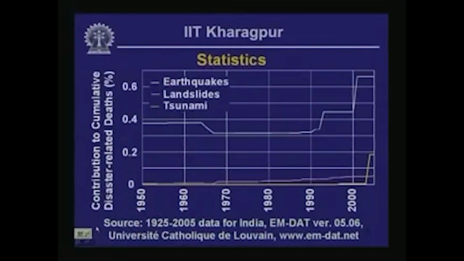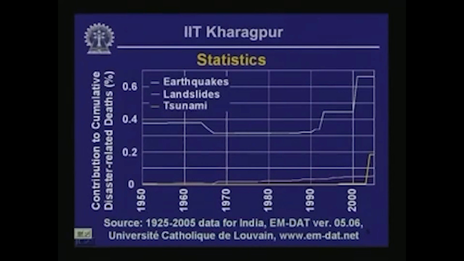Now, in order to set the stage, let us look at the statistics from the past approximately 80 years for the cumulative deaths because of different causes of geologic hazards.